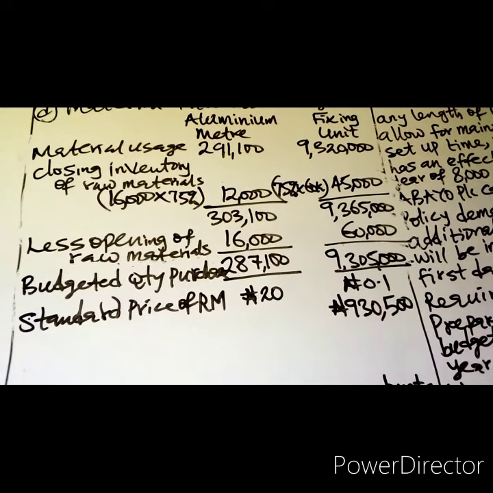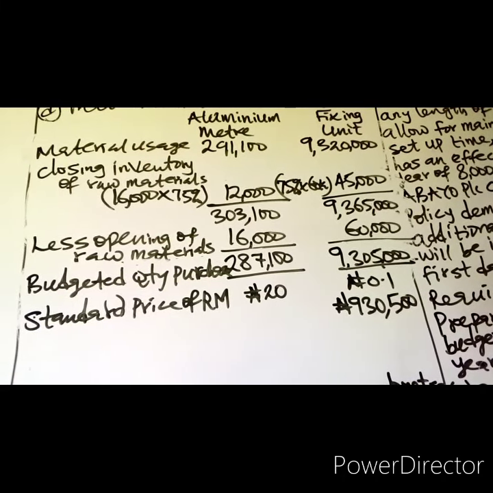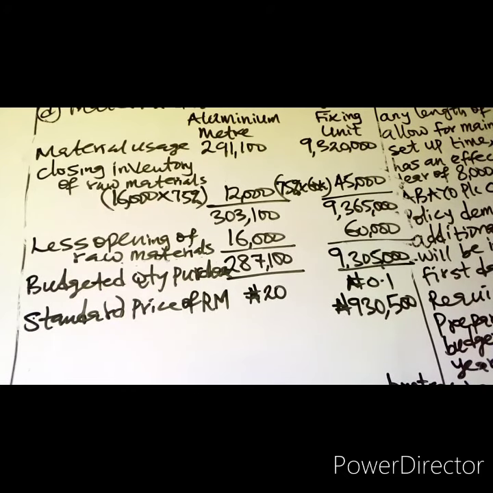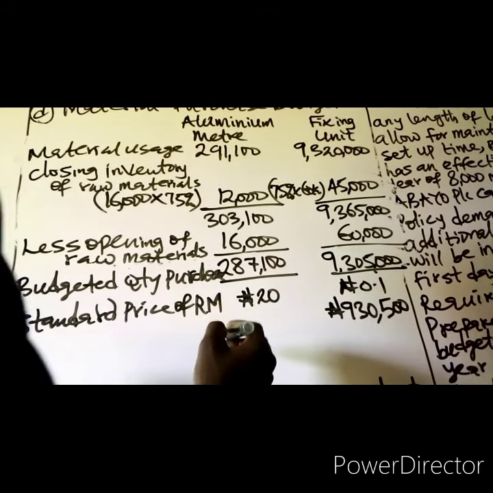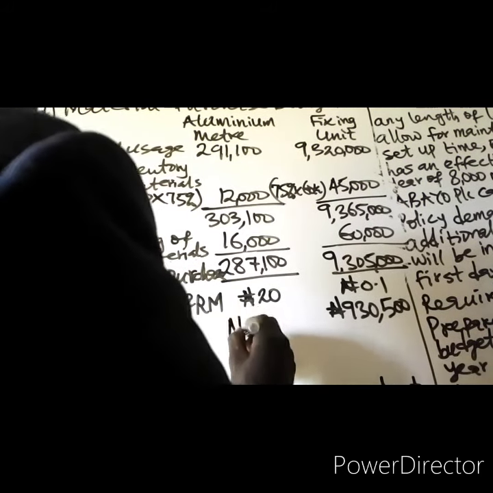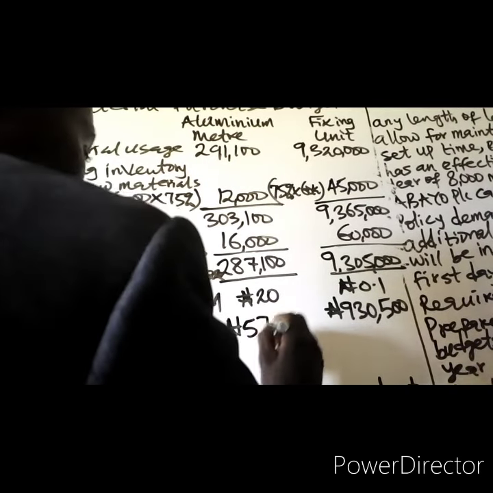287,100. That of aluminum, multiply by 20 naira. 287,100 times 20. Then you have 5,742,000.